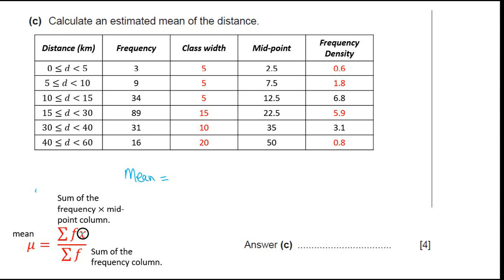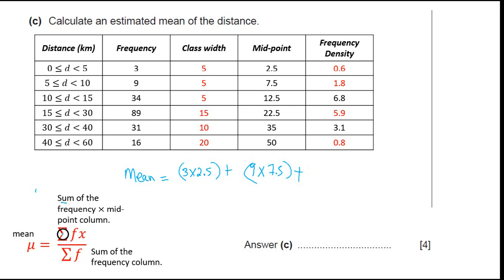of the frequencies multiplied by the midpoint. That is, you have the frequency, sorry, 3 times 2.5, plus, are you with me? Now you have to do everything: 9 times 7.5 plus, that's what this thing means, the sum.